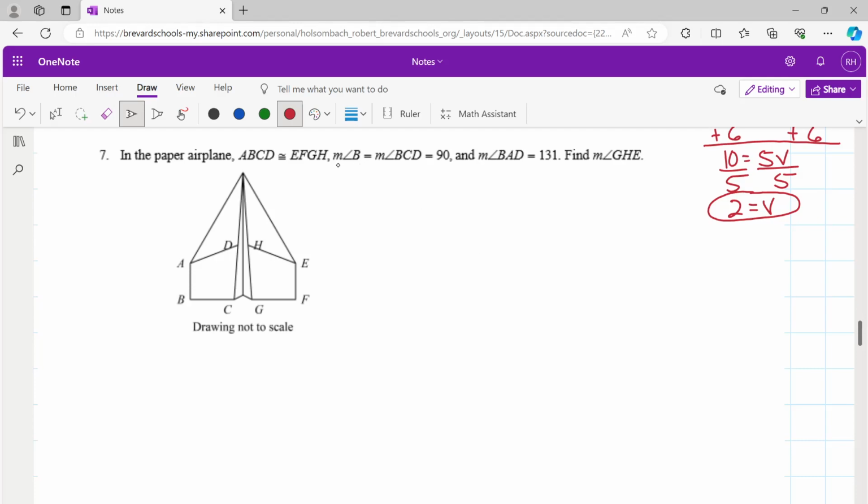You're told that the measure of angle B is equal to the measure of angle BCD. So angle B is right down here, and it's equal to the measure of angle BCD, which equals 90. So what they're saying is that angle B equals 90 and angle BCD equals 90.